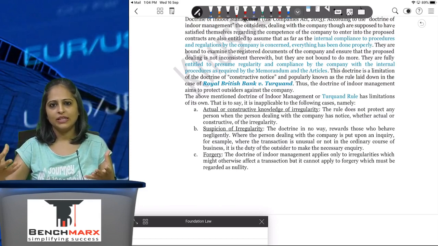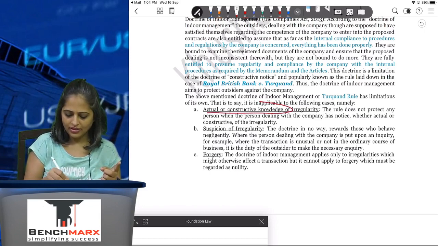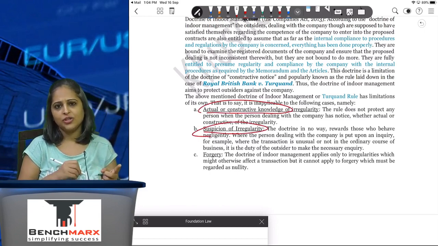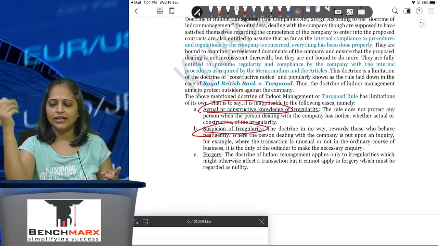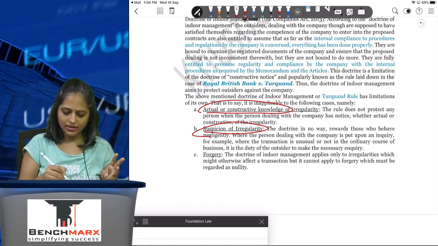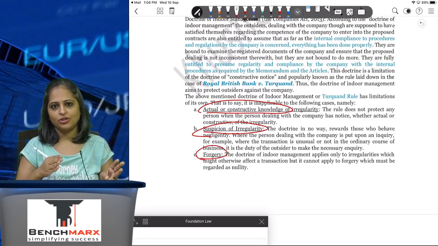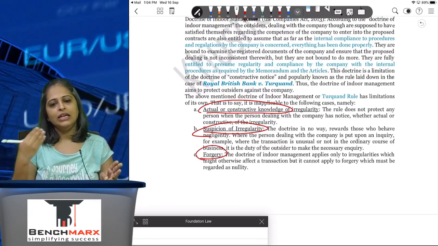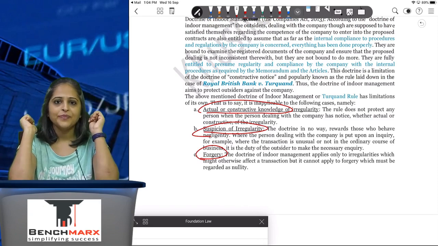In all of these cases, there are 3 most important points: when I have actual or constructive knowledge, when I have a suspicion that the director was not there, so how did they have the quorum. So if I have a suspicion that they've not complied with it, and the third case is forgery. So in these 3 cases, the benefit of the doctrine of indoor management cannot be taken. In all other cases, the benefit can be taken.